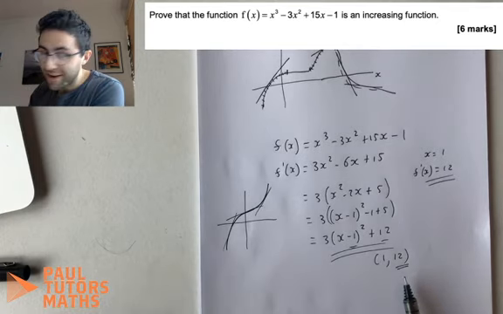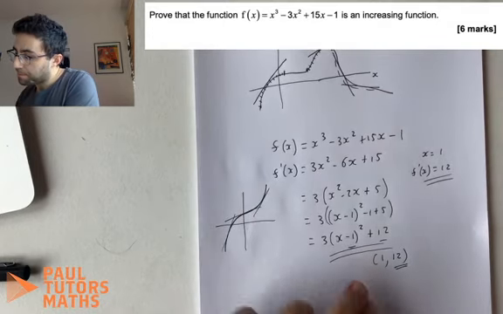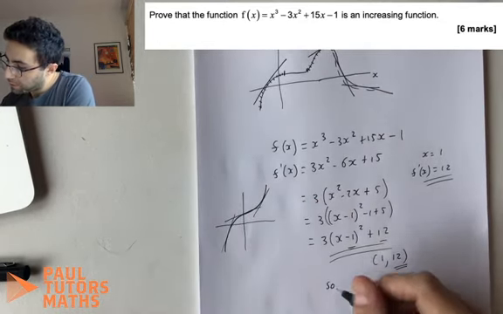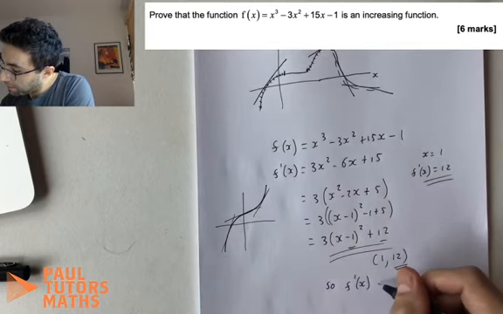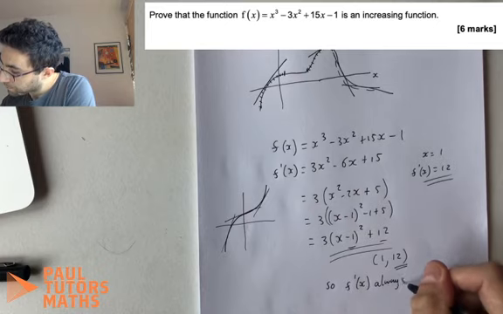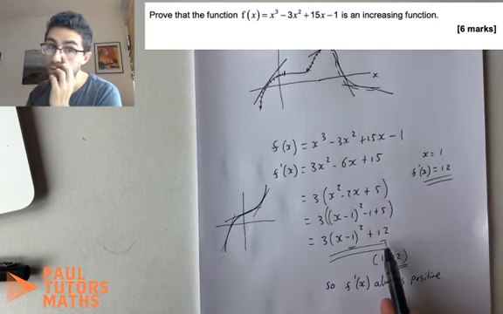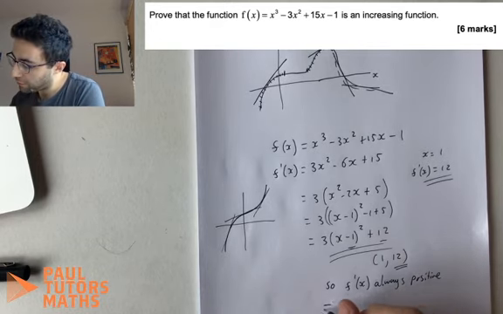I could do with a recap now and again to keep it fresh. So, f dashed x is always positive. It's actually always bigger than 12, even more than just positive. And you could say, therefore, increasing.